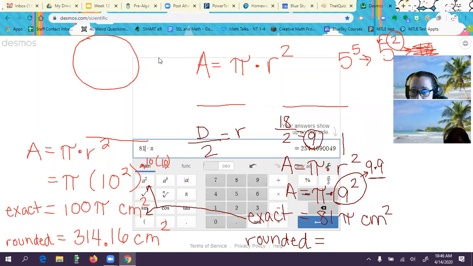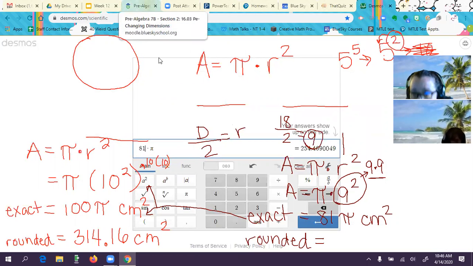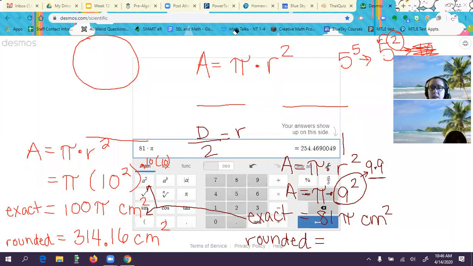But okay. So 254 point what? What would that round to? And I can erase that so you can actually see it. There we go. 254 point what? 47. Yep, very good.